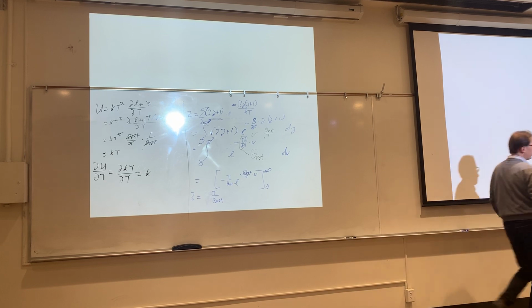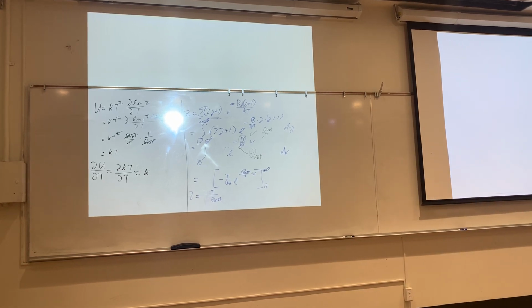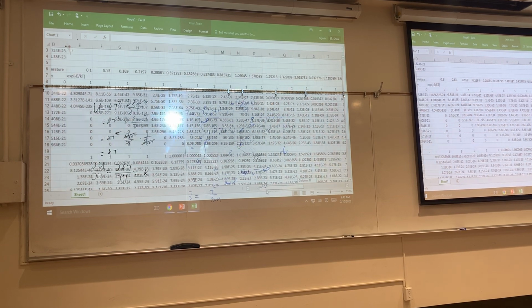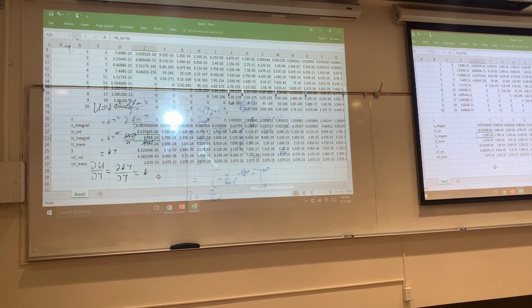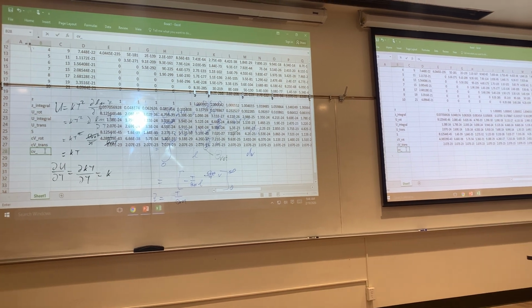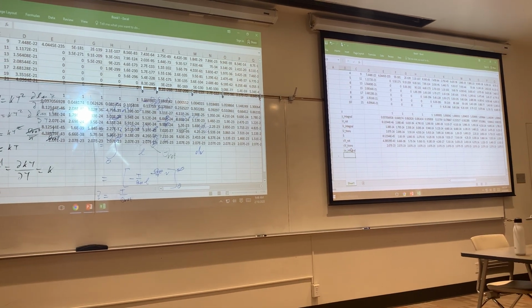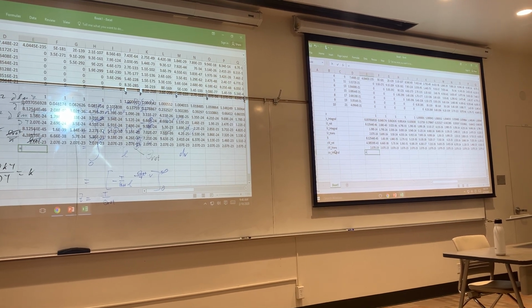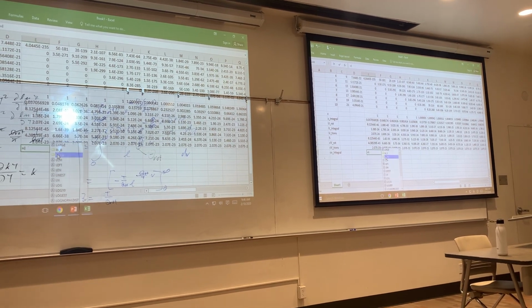So we can also look at the heat capacity which we get from the integral, and that is just the Boltzmann constant.